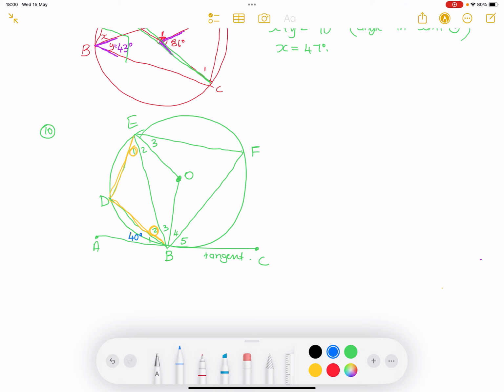These two are equal. But B1 and 2... I was very brave with this one, I'll tell you. Other thing that I know is that this is radii. Yes, ma'am. So then I have that angles equal.